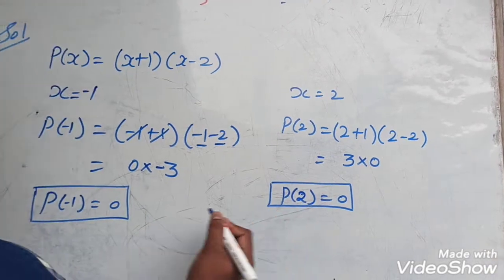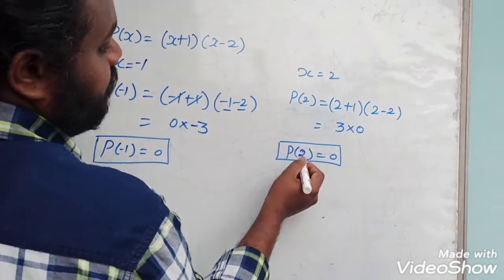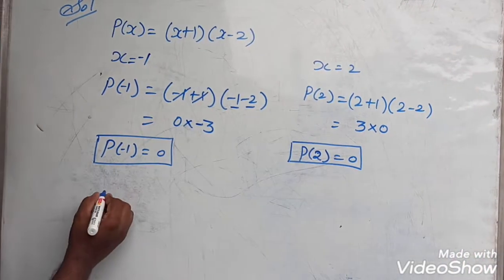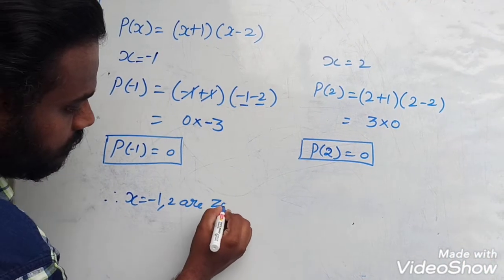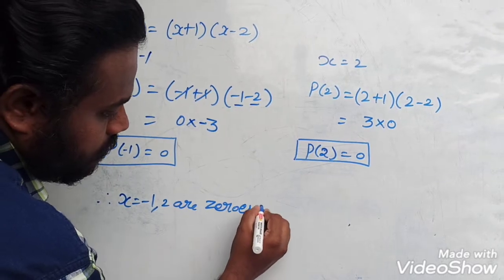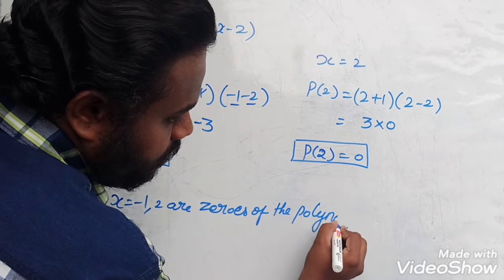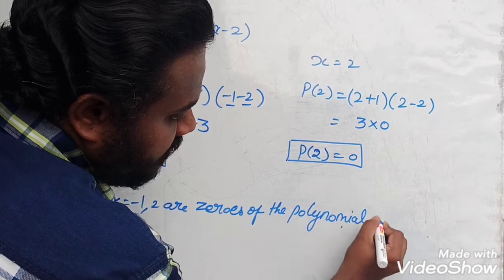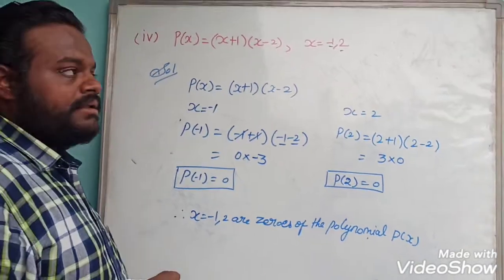So here we substitute instead of x minus 1, it becomes 0. Instead of x we substitute 2, we get 0. Therefore x equal to minus 1 comma 2 are zeros of the polynomial p of x.